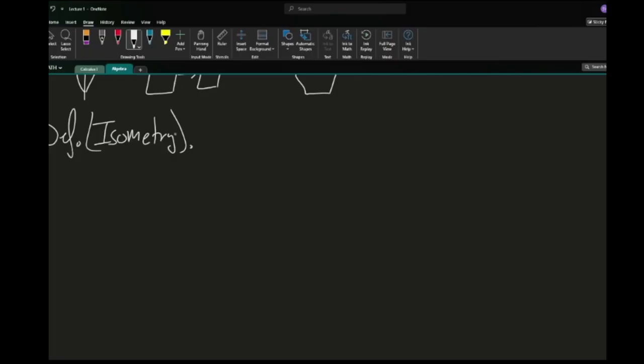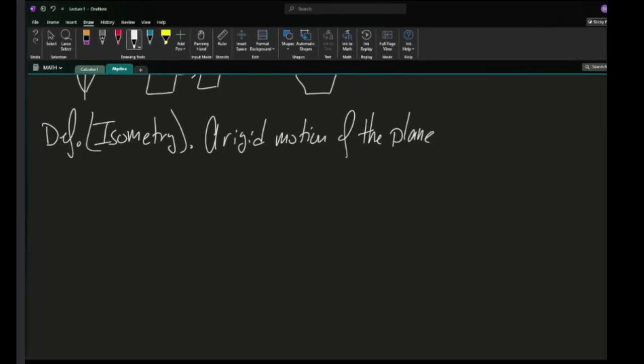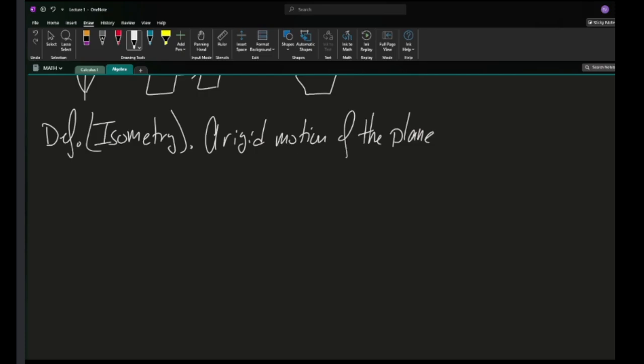But an isometry is, as an informal definition, we could just say it's a rigid motion of the plane. And what we mean by a rigid motion is that if we take, say, a pack of gum, we could rotate it in any sort of format such that if we were to plop it straight down, it's going to look one way. We could rotate it and also plop that straight down and it'll look another way.